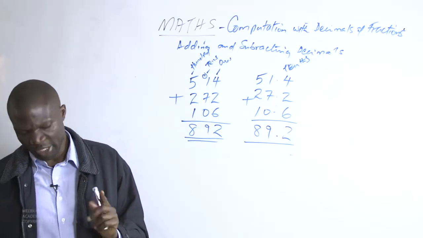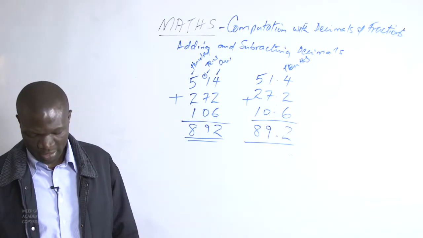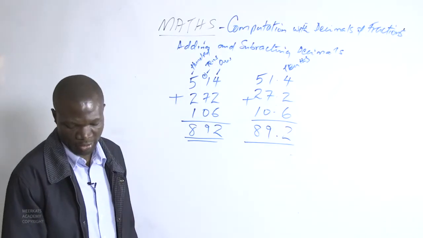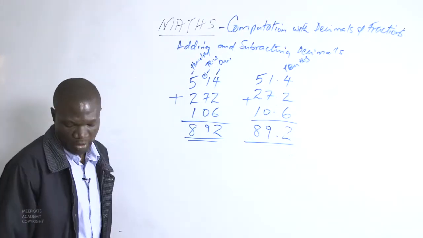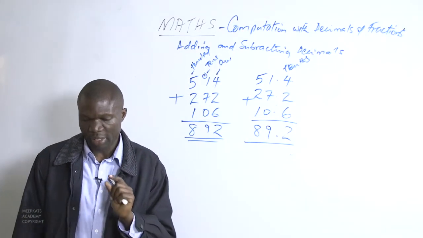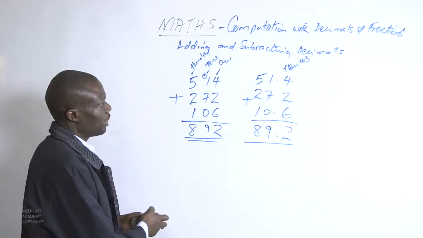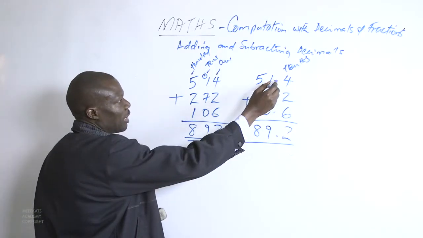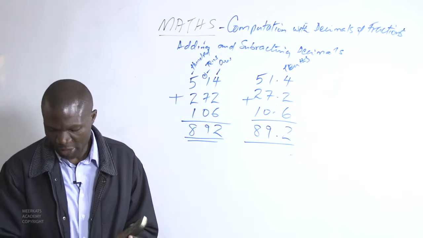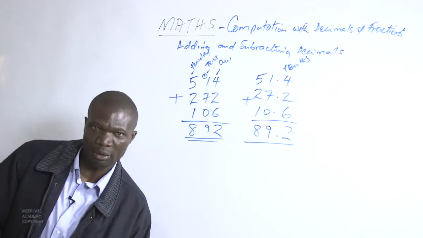So what should we know when adding decimals? We need to know the following, and I'll be explaining at any given time when we look at a point. First, when adding or subtracting decimals, the decimal point, that is the dot that we have, and each of the decimal places must be aligned under one another.